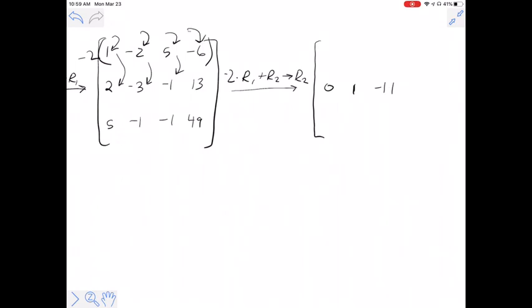And then -2 times -6 is 12, and then 12 plus 13 is 25. Okay.